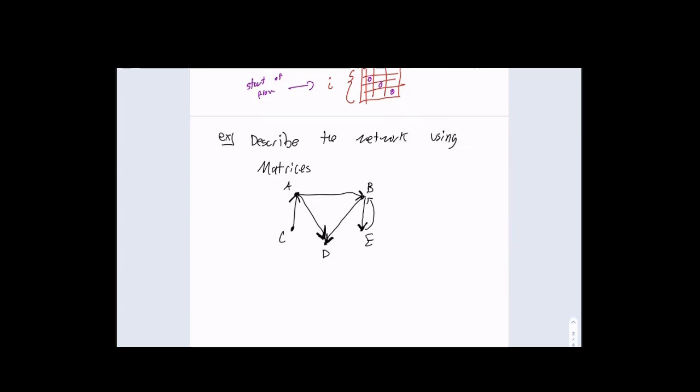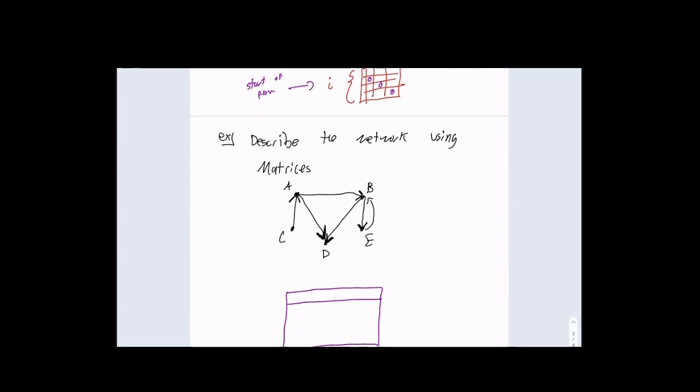What is the first thing we need to identify in my solution, in my description? The vertices. So I know that there's 1, 2, 3, 4, 5.